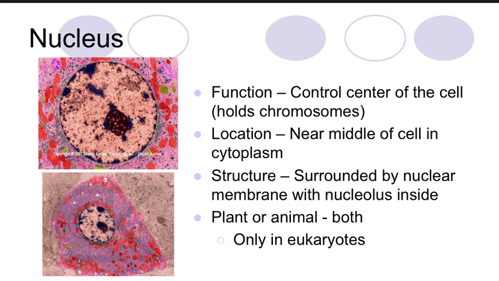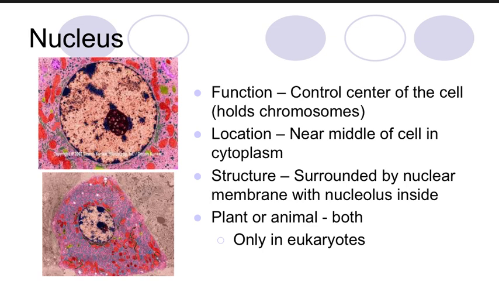Structure-wise, it is surrounded by a nuclear membrane. When we talked before about membrane-bound organelles, a nucleus is a membrane-bound organelle, right? It's surrounded by membrane. Membrane is, once again, phospholipid. So this outer boundary of it here is made out of phospholipids, right?